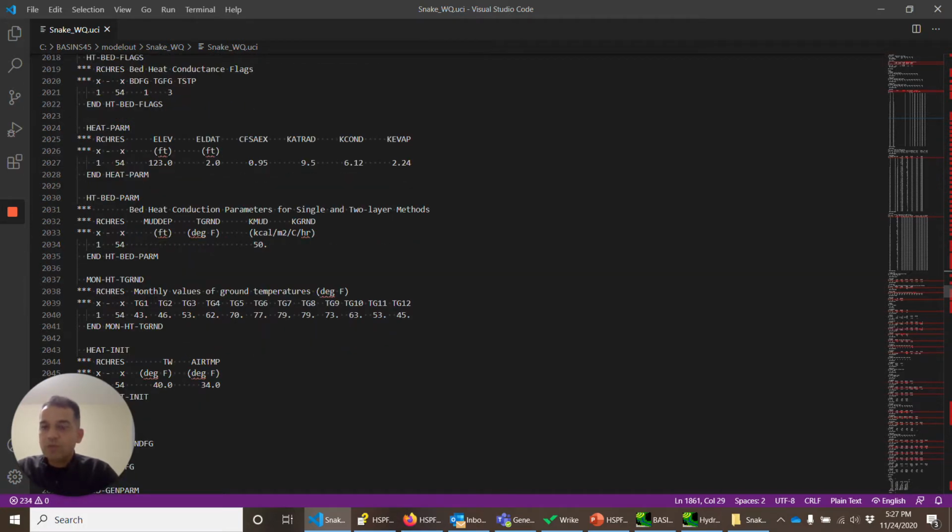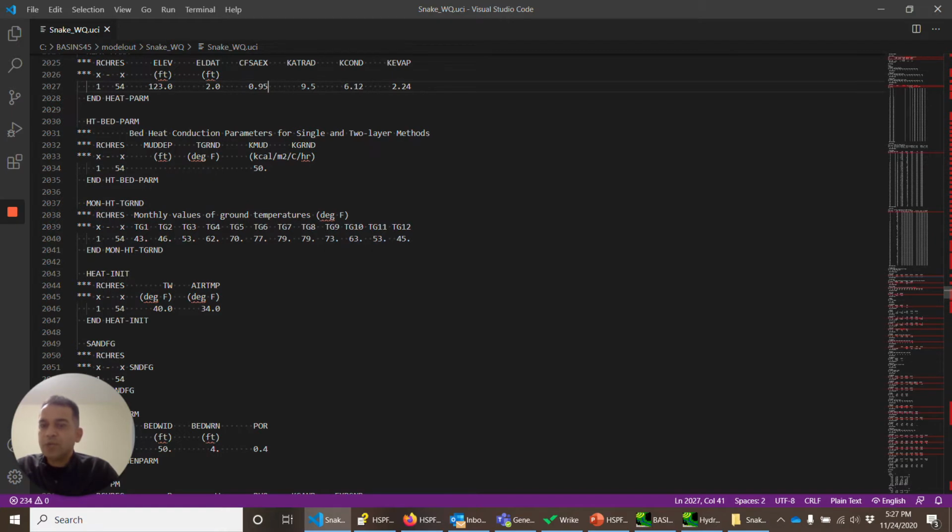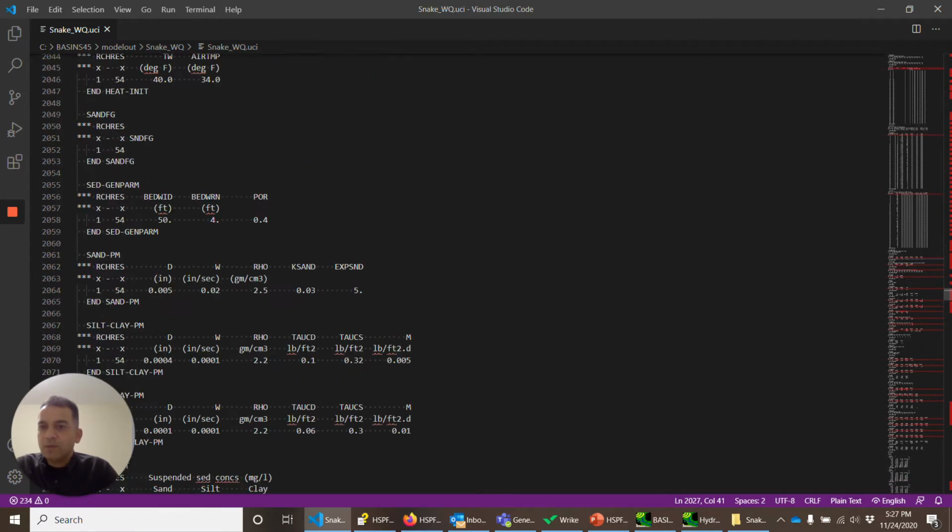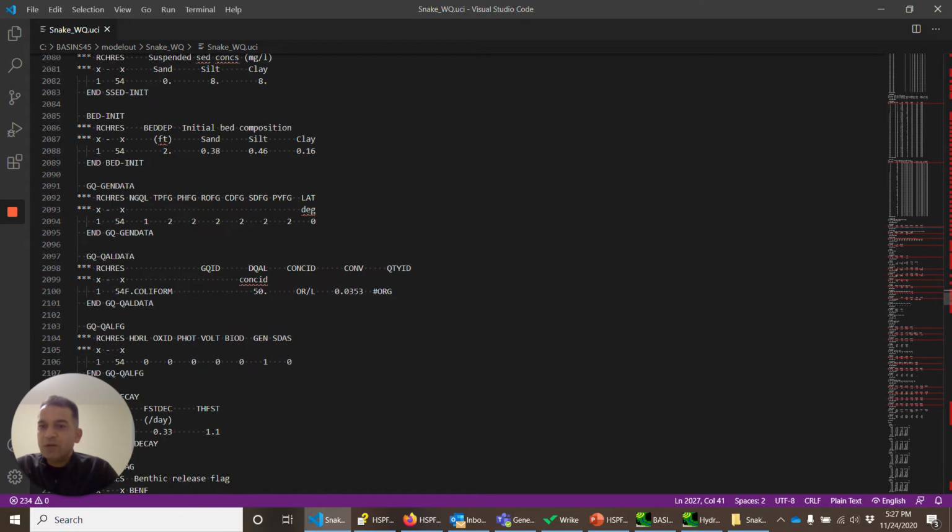This is how much area of the reach is covered by shade. If it is not covered by shade, 0.95 means 95% of the area is open to solar radiation, so that it can absorb heat. Again, these parameters are for transferring heat from water to the sediment bed. Sediment we have looked at earlier.